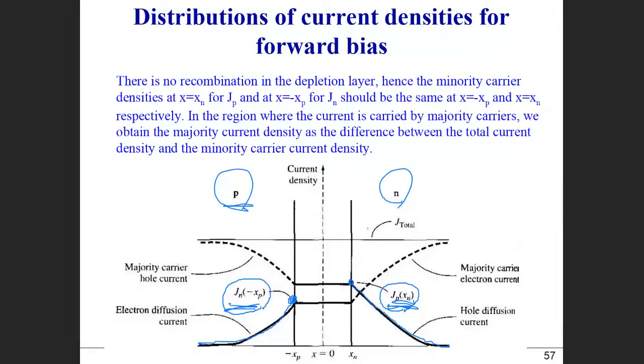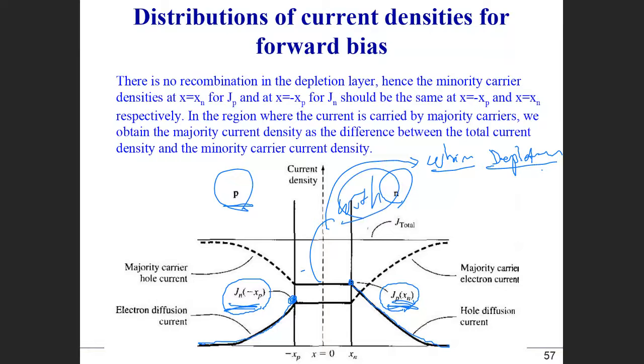One assumption, when we discuss this ideal p-n junction diode, is that within this depletion region we assume there is no generation and no recombination.